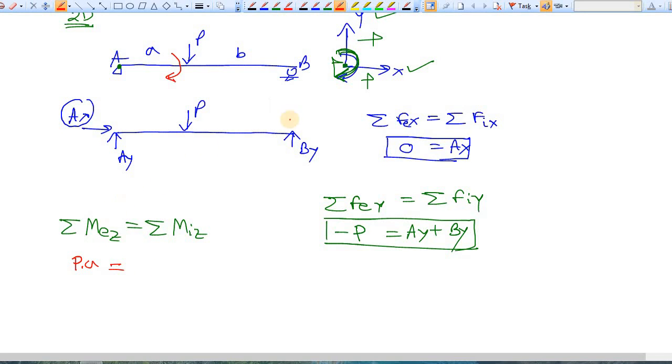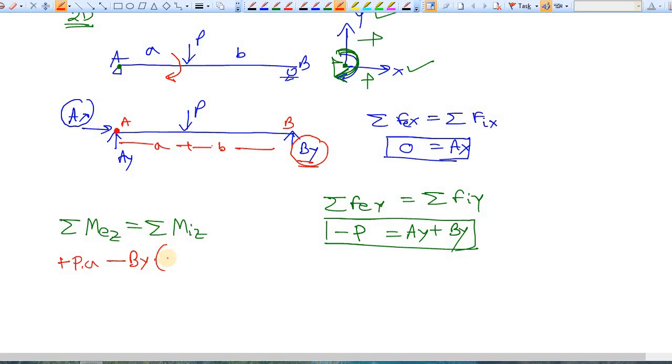The external moment will also be produced by this force, and the moment produced by this BY about point A is minus BY times (A plus B).